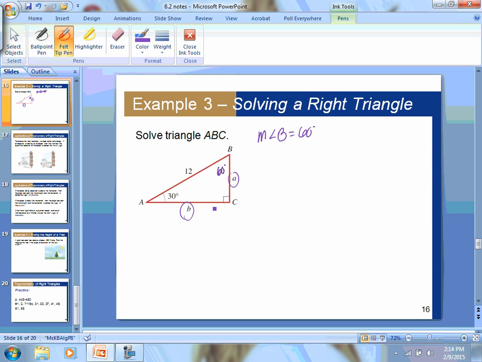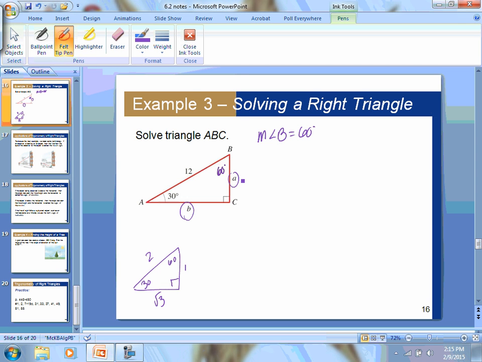So this is where we're going to use our trig ratios, or we could use our reference triangles. If we're going to use our reference triangle, that might be a little bit faster. So I'm just going to draw the reference measurements, 1, 2, square root 3, for our 30, 60, 90 triangle. So then basically, if we're using this to help us solve for either side A or side B, it doesn't matter which one you start with.